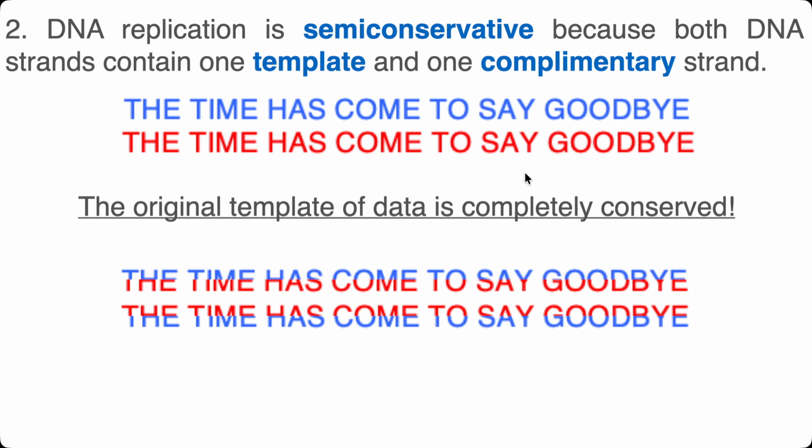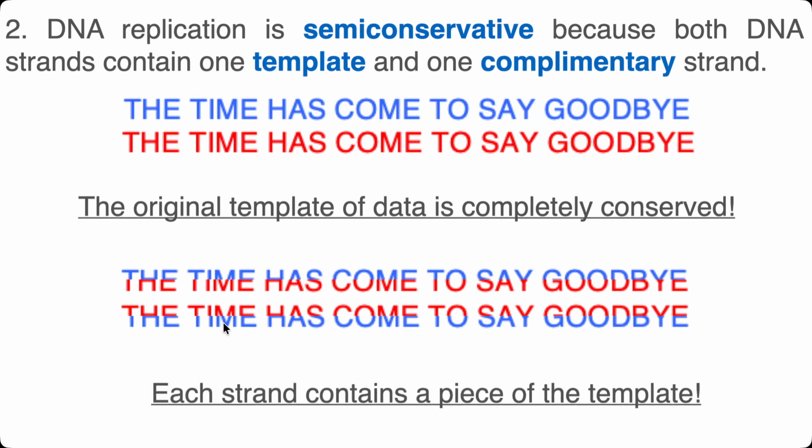Again, this would be a completely conservative process where you keep one entire double helix that is the same, and then one entirely new double helix that is the complement to it. But the way that our system works in our cells is we have one half that is original and one half that is the complement.